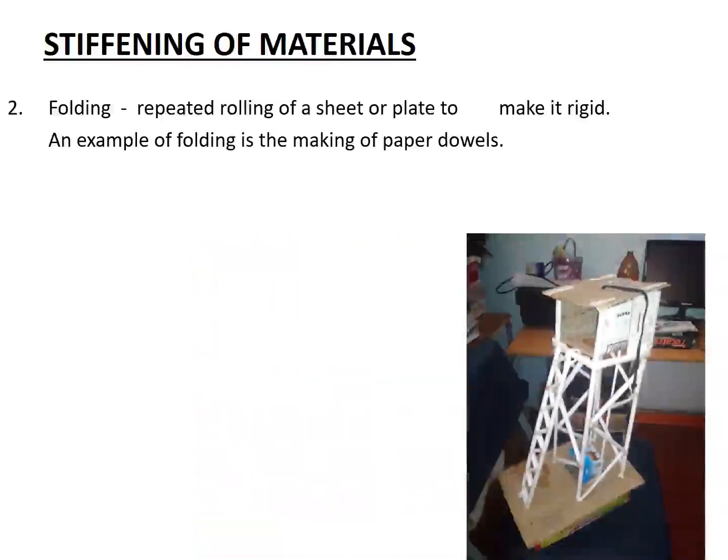We, of course, have different uses of these paper dowels, but for technology pet projects, we usually use them to make structures. There is our grade 8 pet, and I think it's the mining headgear. It looks like a mining headgear, then it is a mining headgear.